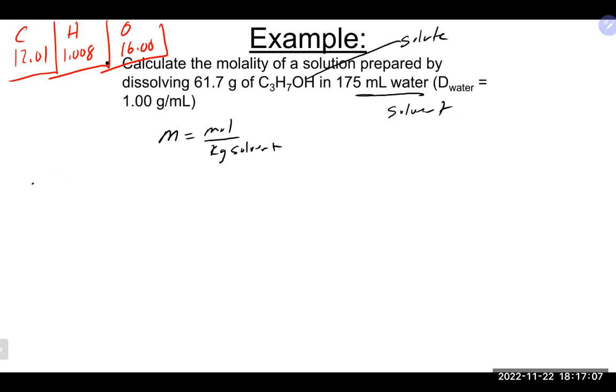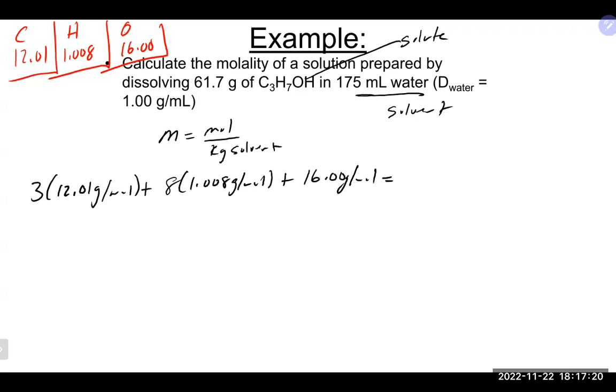So we have 3 times 12.01 for the carbon, plus 8 times 1.008 for the hydrogens, and we got 1 oxygen there. That's going to give us, I think, 60.09, if I'm not mistaken.